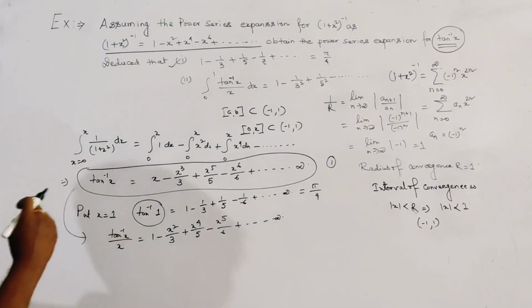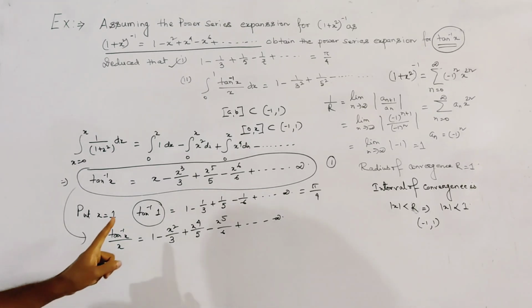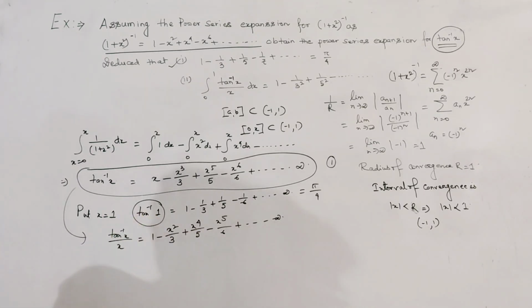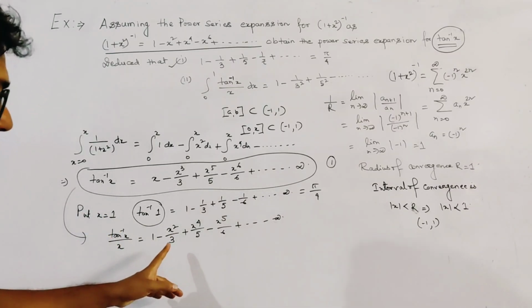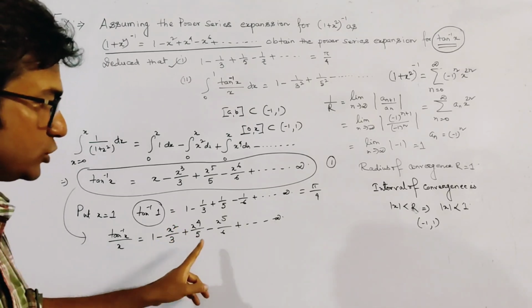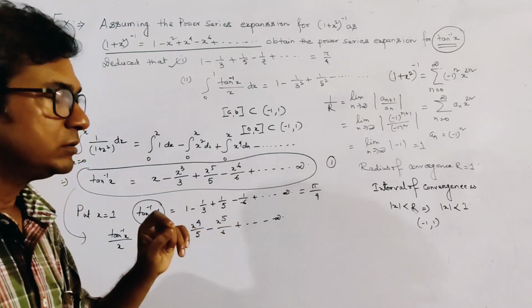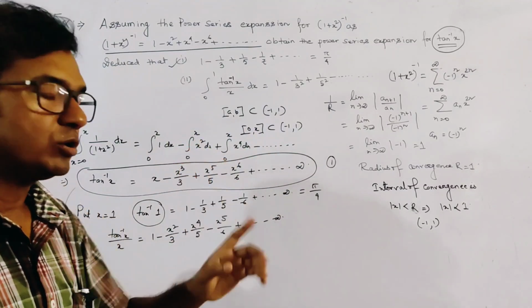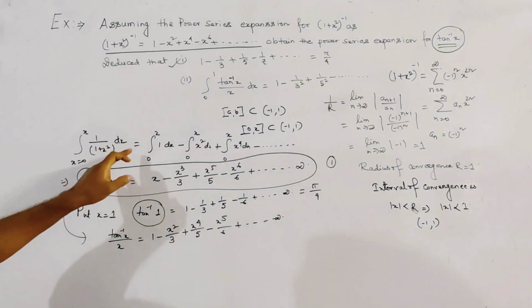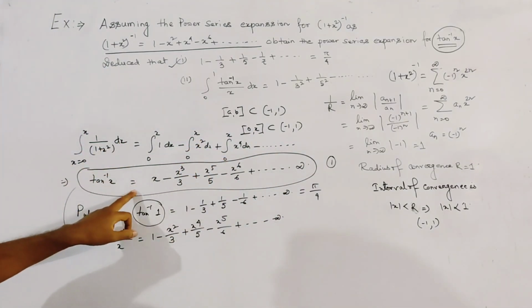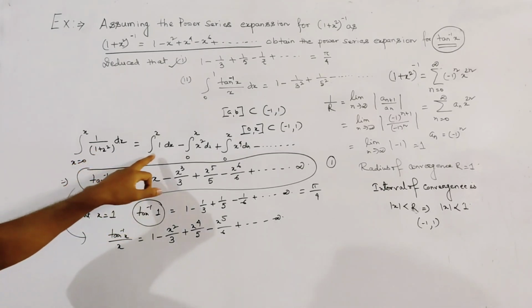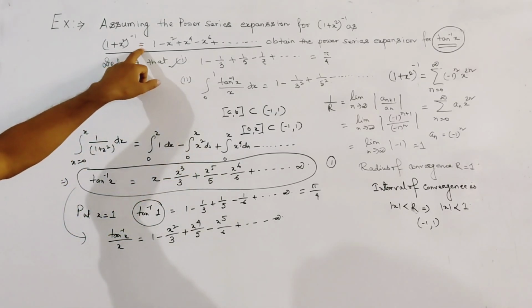This is also a power series, and its radius of convergence is also 1, because we get this power series by integrating term by term from the earlier power series.